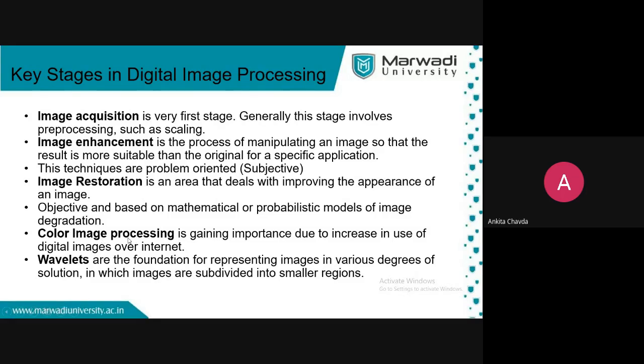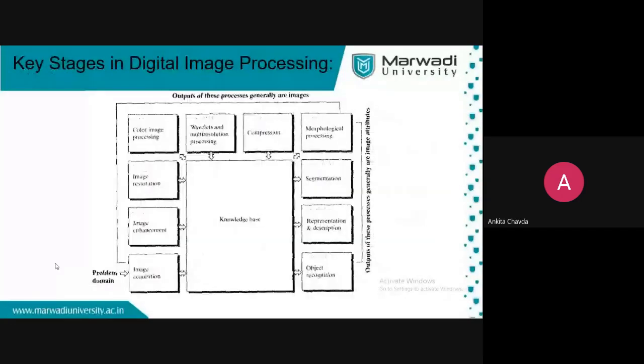Then color image processing. Color image processing is gaining importance due to the increase in the use of digital images over the internet. Then wavelets. Wavelets, that's what I said, no? Wavelets and multi-resolution processing. What does this mean?